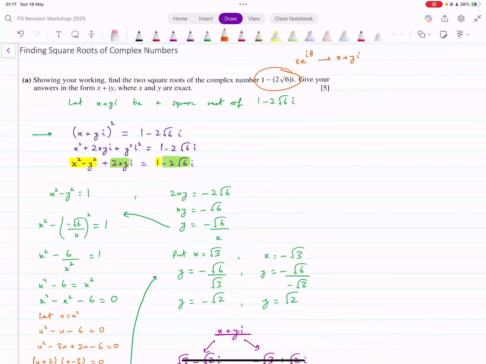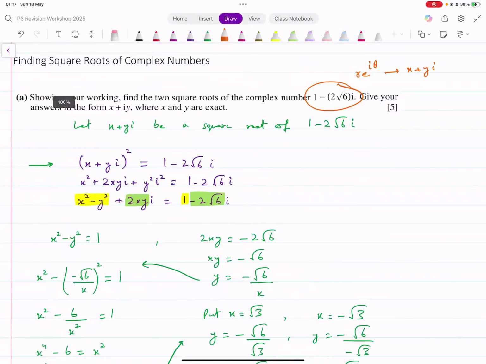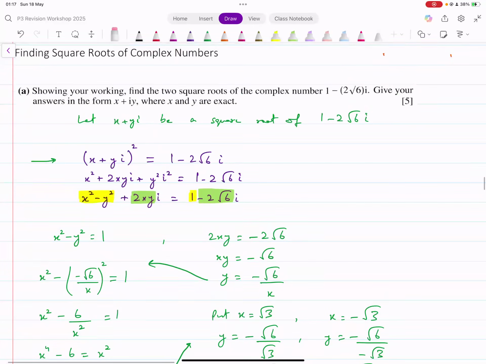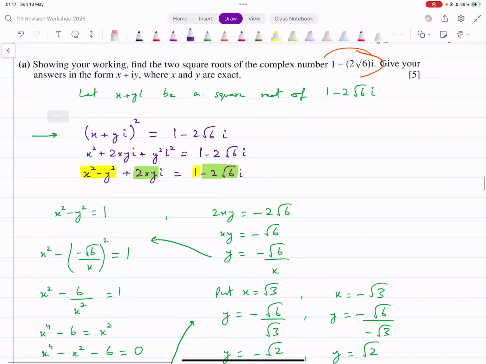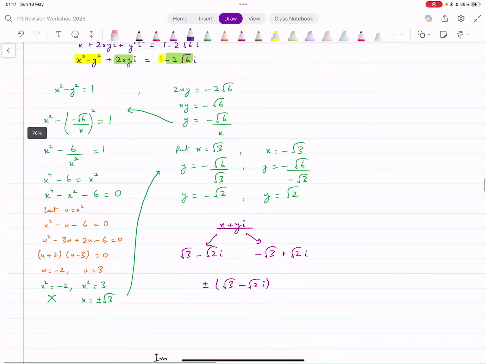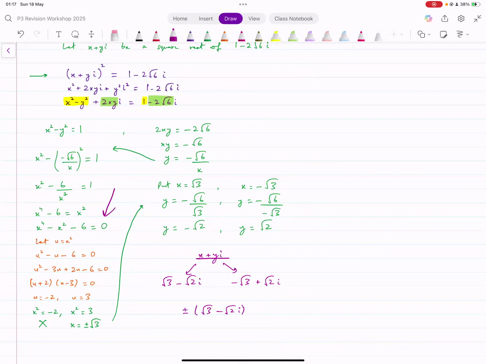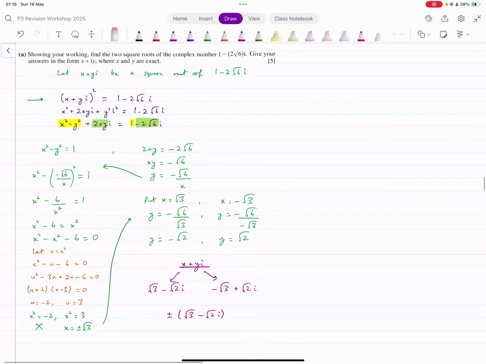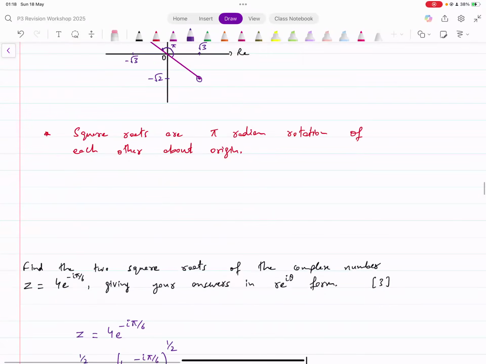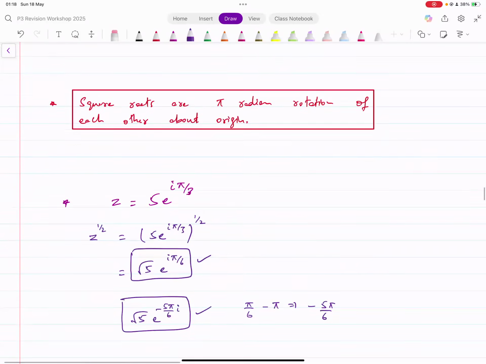It's not going to be very helpful. And in some cases, it's not even going to be allowed, because in recent papers, they often say, make a quartic equation and then find the square root. That means you have to follow this method so that you get that quartic equation, and then you find those square roots. So you have to know both of these methods: one for x plus y iota and the other for re raised to power iota theta form. Let's move on.